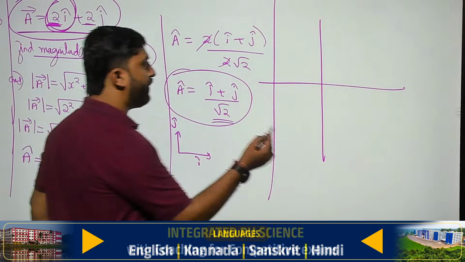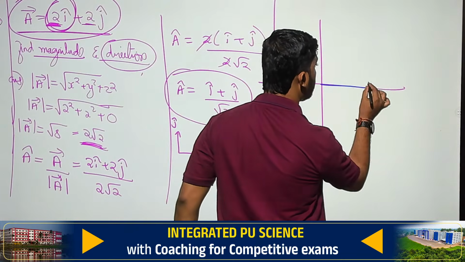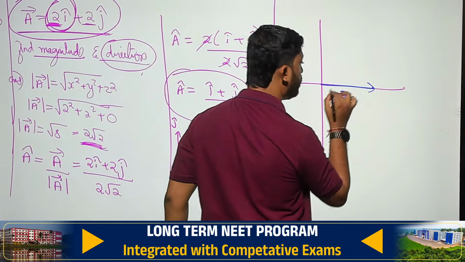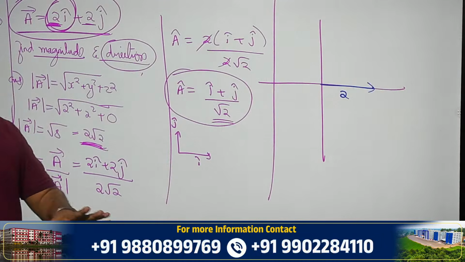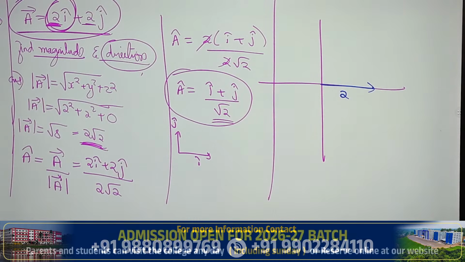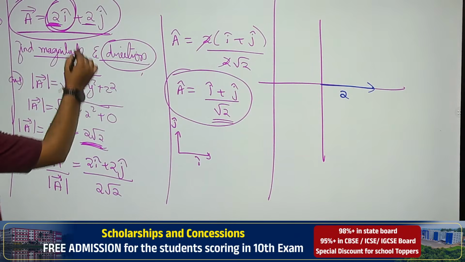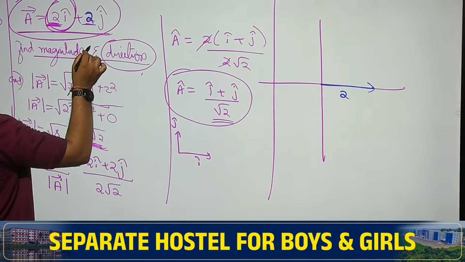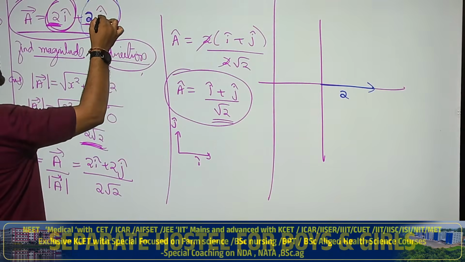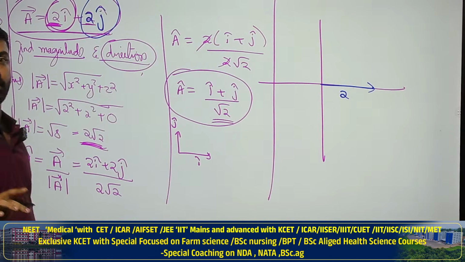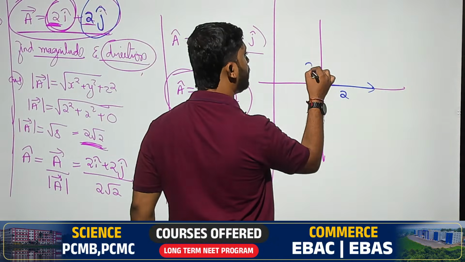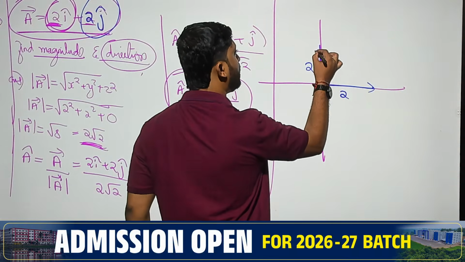So I have to write a vector whose magnitude is 2 in x direction. And now what is the second term? The second term is 2, its direction is j cap. So I have to write a second vector which is 2 in y direction.